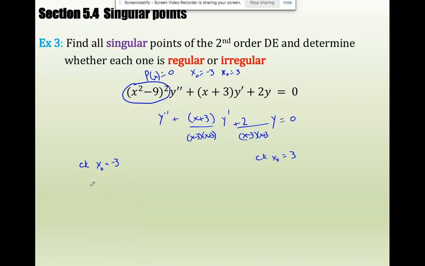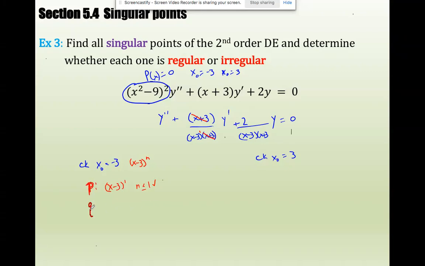So to check them, I look at p for -3, and I look at x minus 3 to the n in the denominator. X minus 3 is to the first. N is less than or equal to 1. Check. And what else do I have to check?